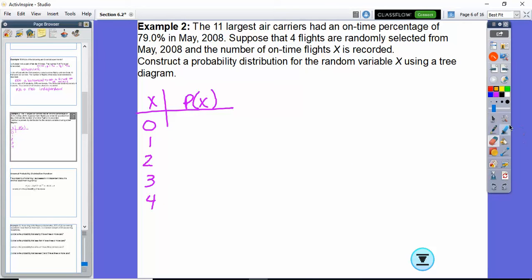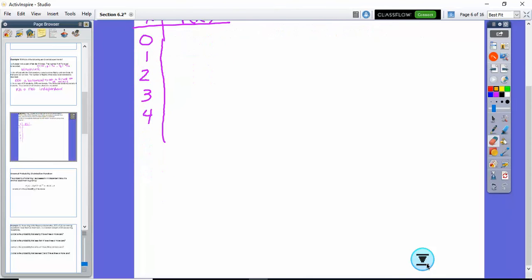Now, if we want to talk about the probabilities for these things, we can just calculate them. I said to use a tree diagram, that's just a visual to help you. So if we're looking at the first flight, the options for that first flight are either on time or not on time, right?